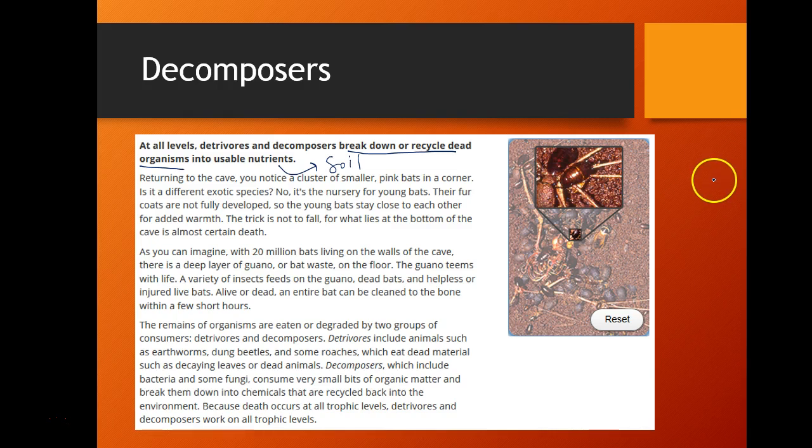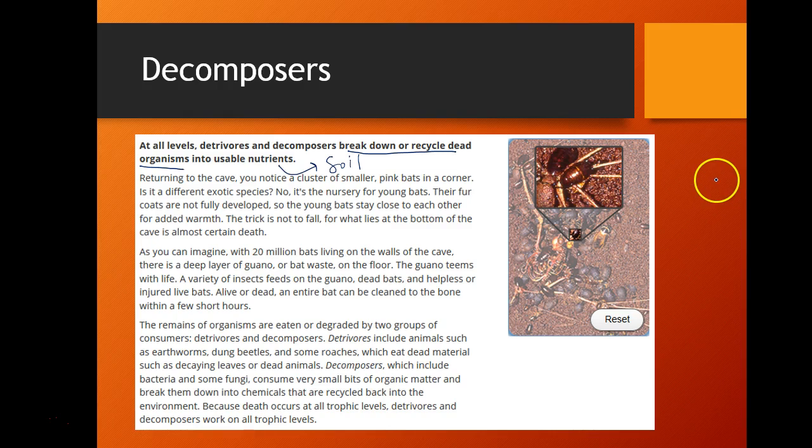Okay, so if we go back to the example of the bats, remember that there are always those young bats that cluster in the cave, and sometimes those young bats will unfortunately fall to the ground.